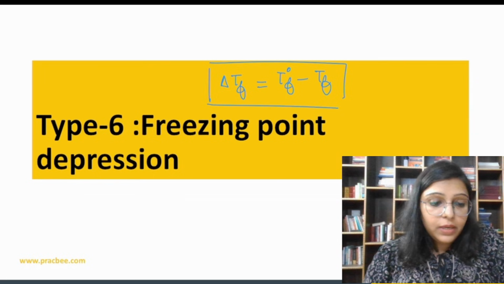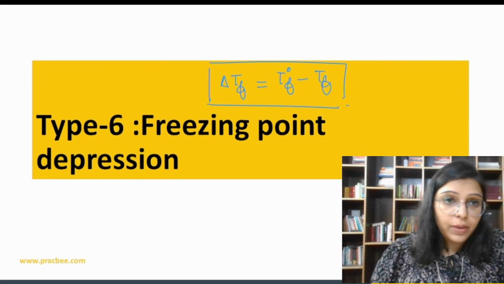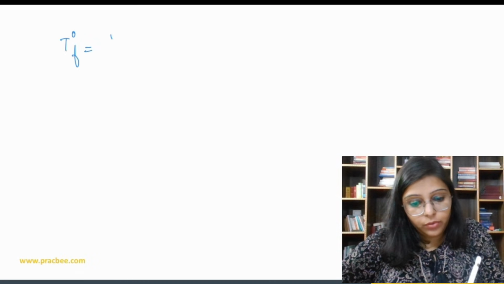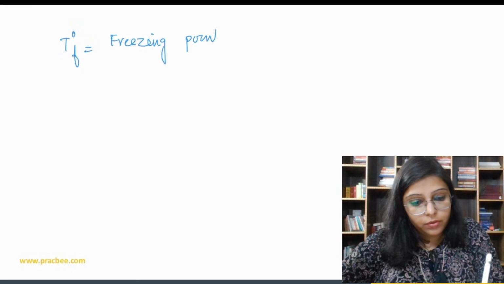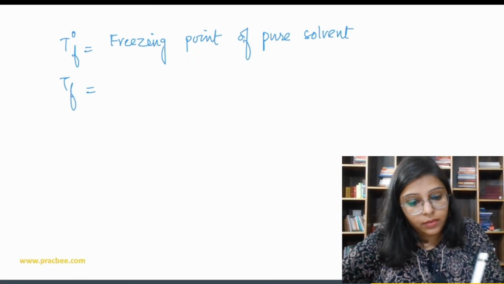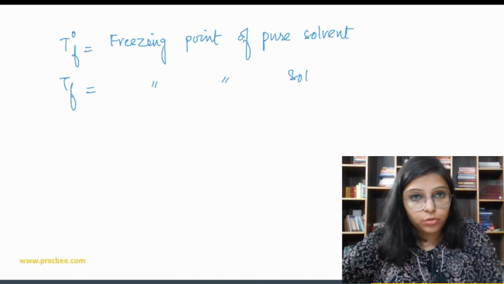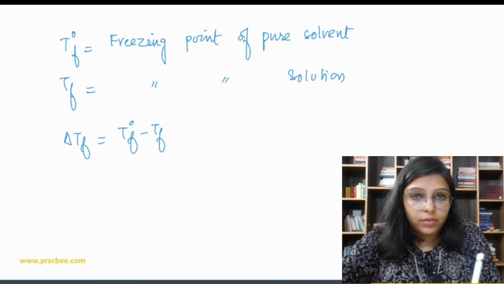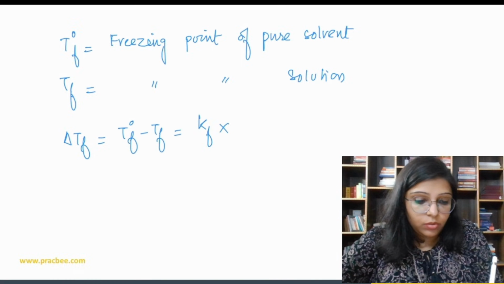So let me write down some formulas related to this topic and then we will solve questions. Here T naught F is equal to freezing point of pure solvent. TF is the freezing point of solution. So depression in freezing point, delta TF is equal to T naught F minus TF, which is equal to KF into molality.